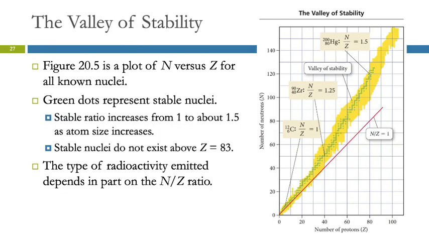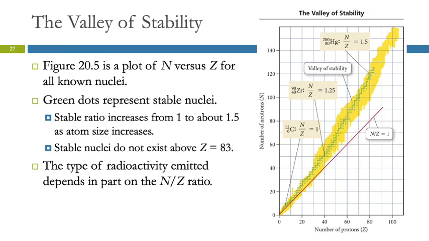So this is a graph of the number of neutrons versus the number of protons. And so the slope here, N over Z equals 1, it would be along this line, right? And so what we see here are all of the yellow nuclei.